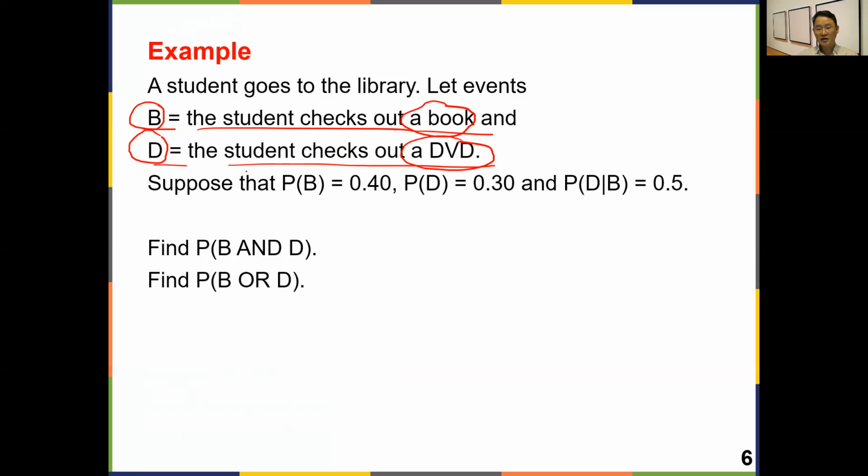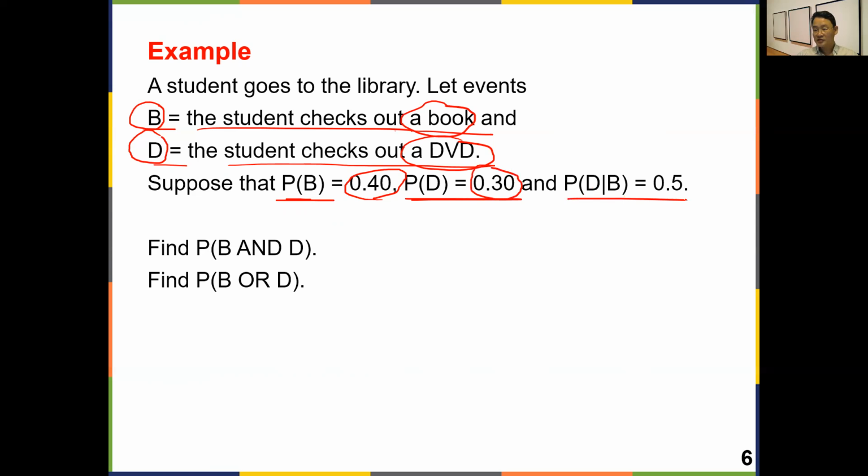Suppose that the probability that the student is going to check out one book is 40%, 0.4. Suppose that the probability the student is going to check out a DVD is 30%.